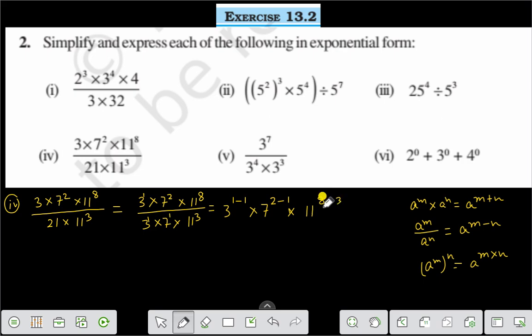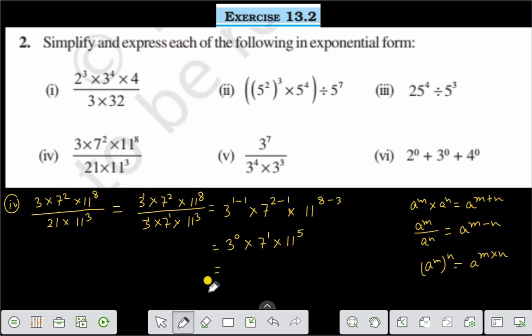Then we are getting 3 to the power 0 into 7 to the power 2 minus 1, which is 1, and 11 to the power 8 minus 3, which is 5, right?